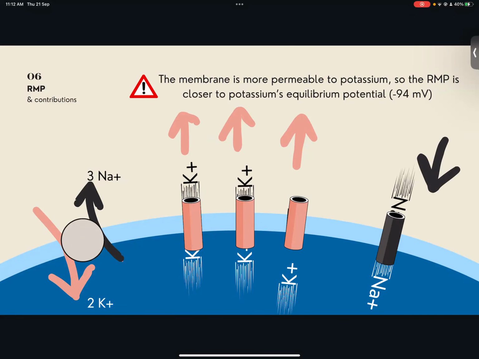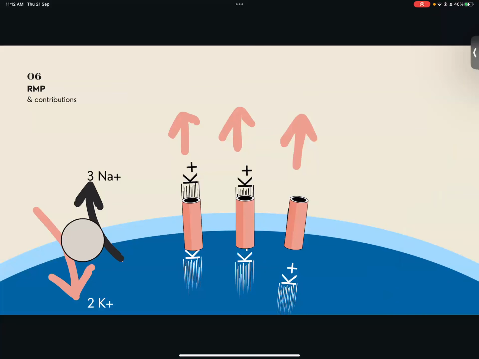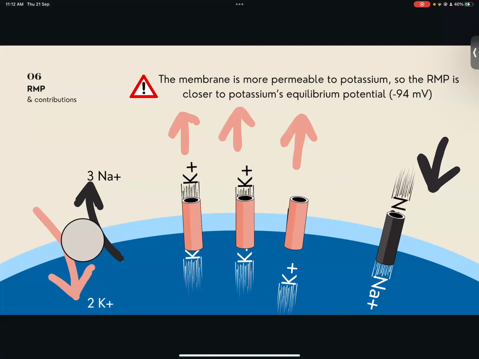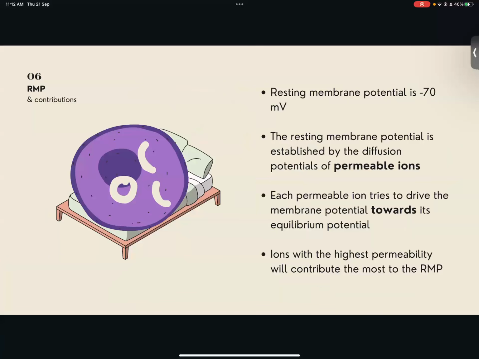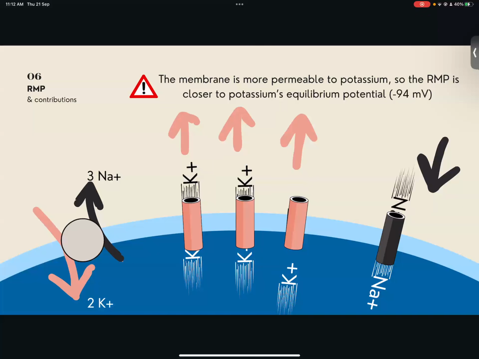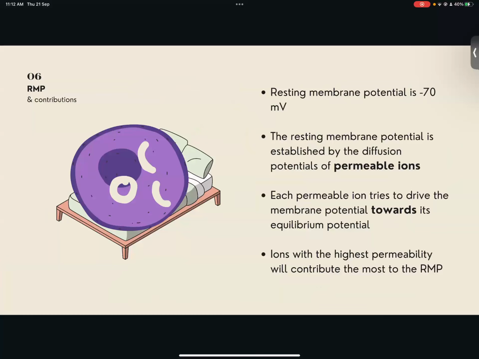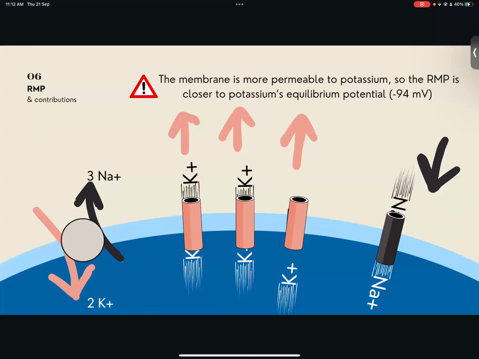So the resting membrane potential is closer to potassium's equilibrium potential, which is negative 94. Since the membrane is more permeable to potassium than it is to sodium, more potassium will be leaving than the sodium that's coming in.